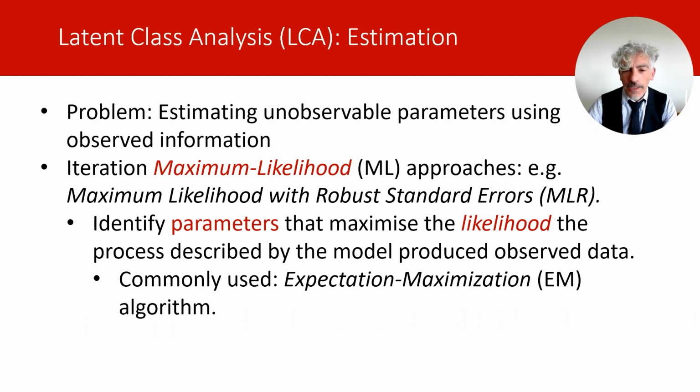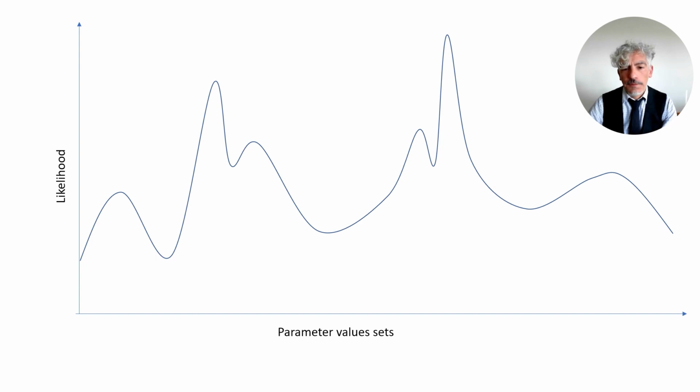And I will try to explain what I mean by referring to a fictional example where here I have drawn a fictional likelihood distribution. So assume the likelihood distribution has a similar shape. The x-axis here represents different sets of model parameters. We cannot observe this distribution, and we need to identify the parameter values that correspond to the highest likelihood value.